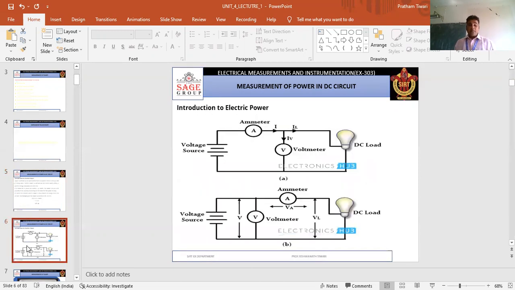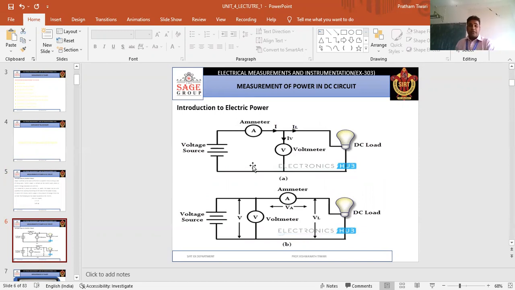Now, how can we measure the power in a DC circuit? We want to measure the power, because power is the multiplication of voltage and current. We want to measure both quantities: the voltmeter measures the voltage of the circuit and the ammeter measures the current in the circuit.